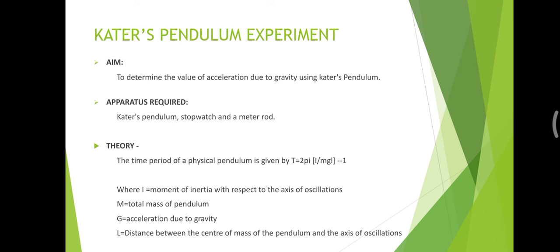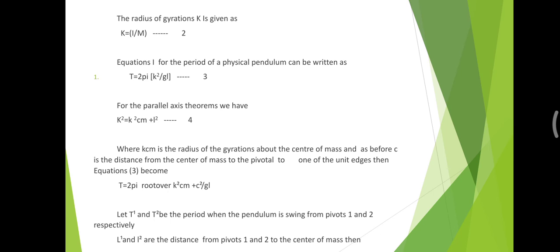Equation 1 for the period of the physical pendulum can be written as T = 2π√(k²/gl), equation 3.